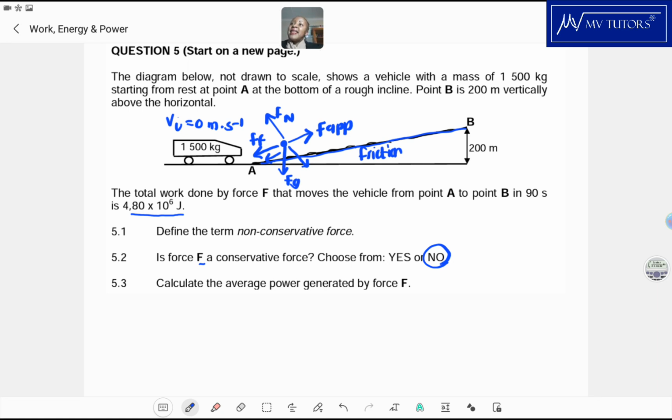Then they go on to say calculate the average power generated by force F. Remember, average power is equal to force times average velocity. Do we have anything along those lines?